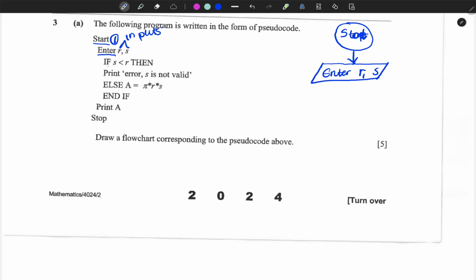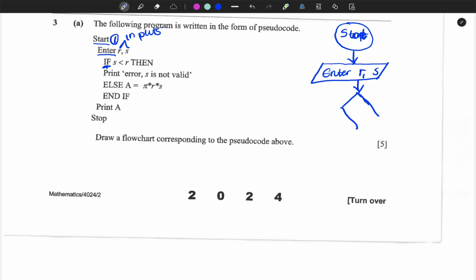Then we have if. When you are given a question like this in pseudocode, and they say if, when writing a flowchart the if changes into a question. It has to become easy, and you have to use what we call a rhombus.